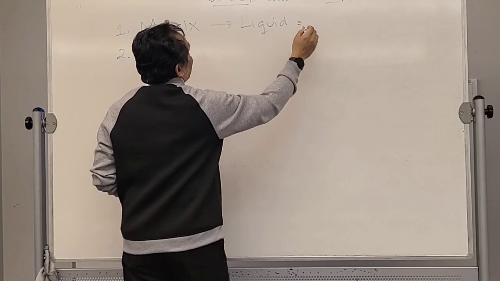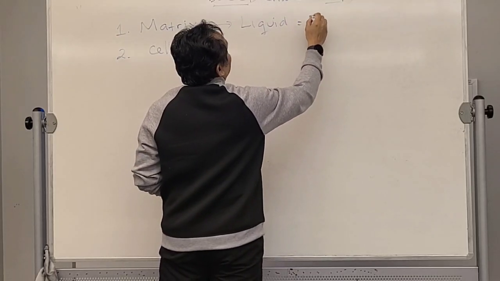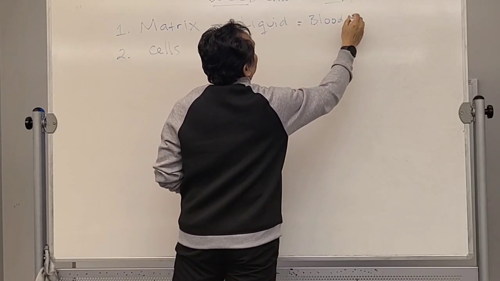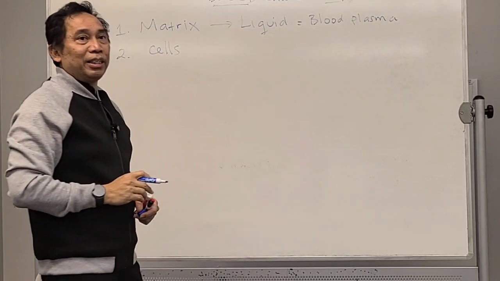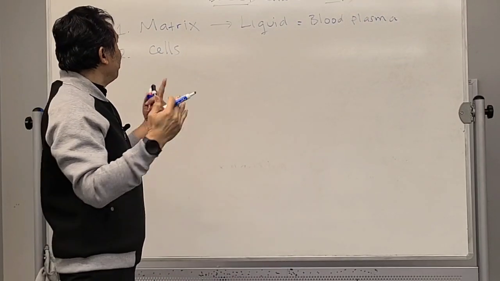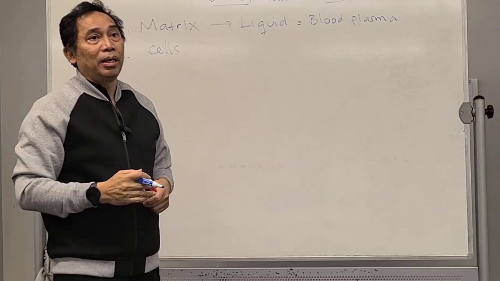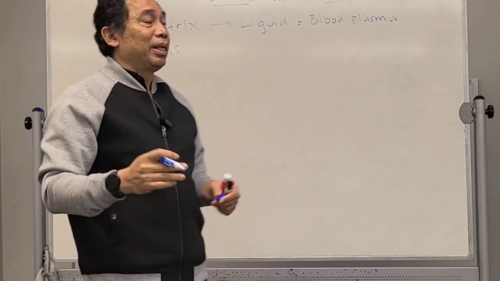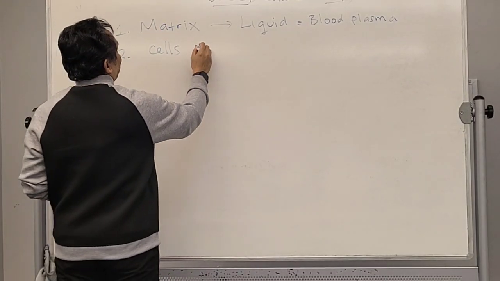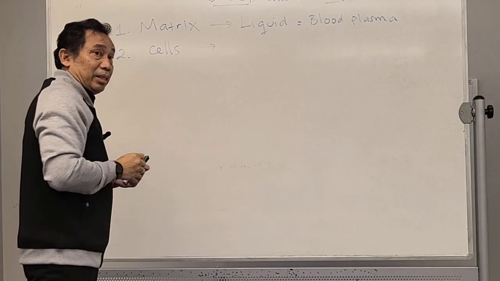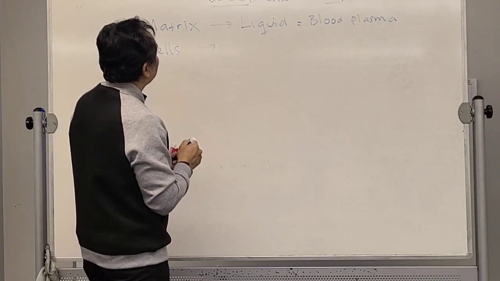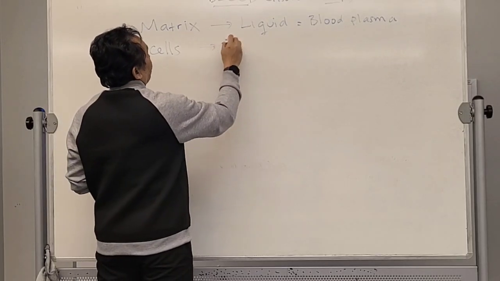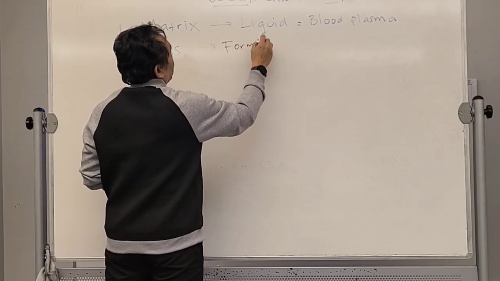It is called the blood plasma. Okay, so the matrix of the blood is called the blood plasma, and the cells of the blood, all of them are called the form elements.